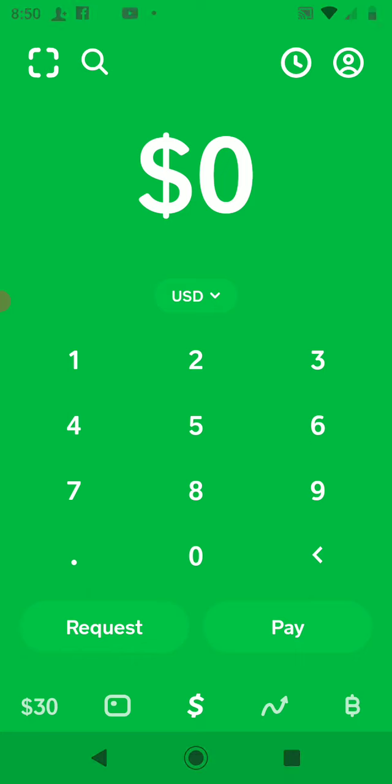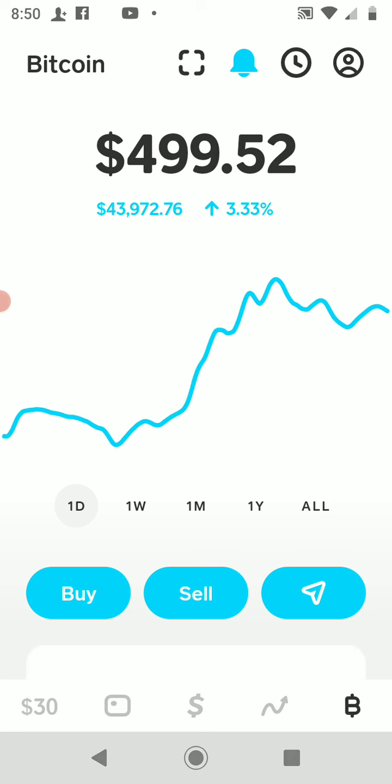I have done this, and I've also checked in my account, and the money went in instantly. I'm not going to do it right now because I don't want to cash that out. Actually, I'm going to reinvest it, but that is how you would do it. I did cash out the $70 I made the day before. So I just wanted to show you how easy it is to invest in Bitcoin through Cash App, and how easy it is to cash out your profits.